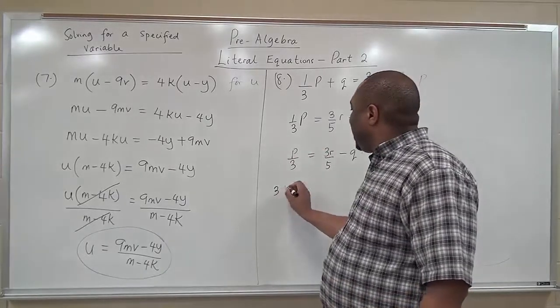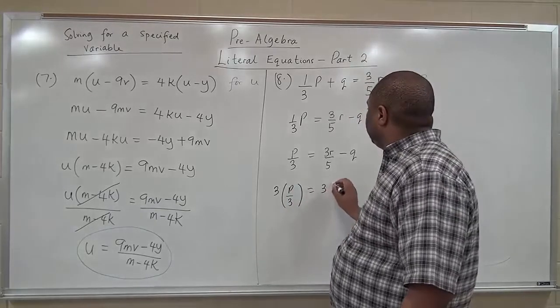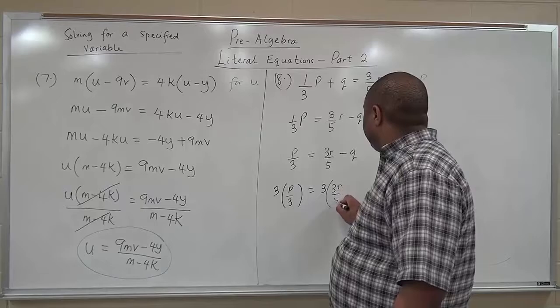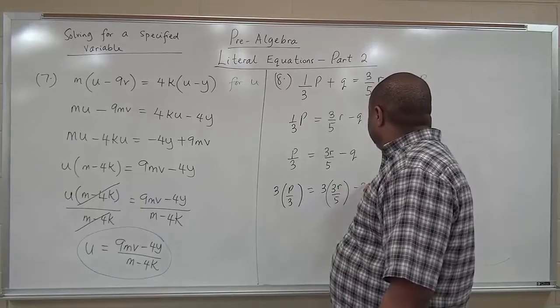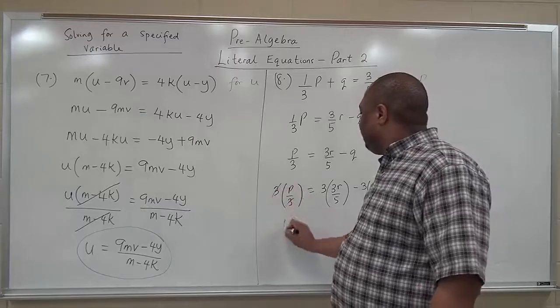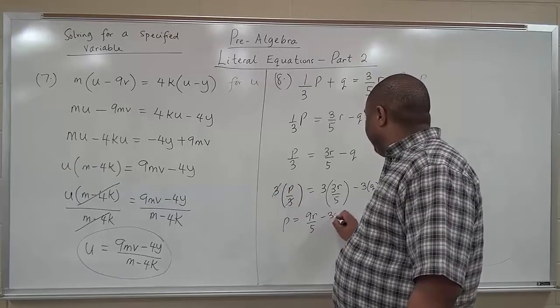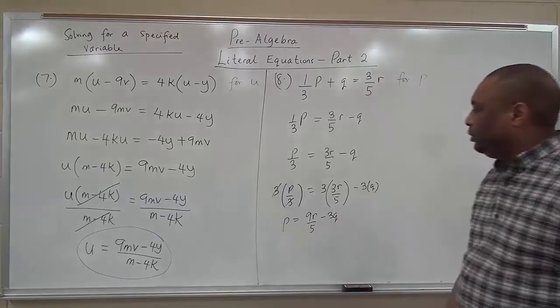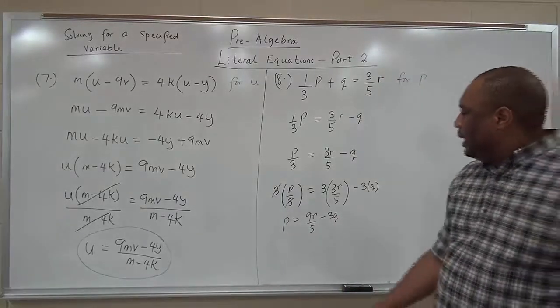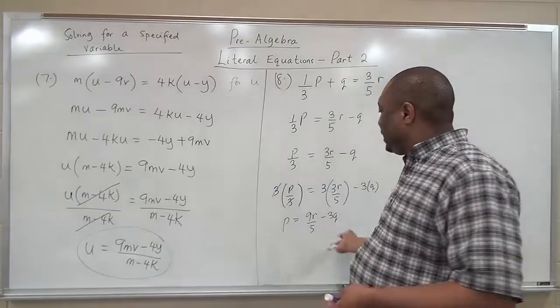So this means 3 times p over 3 equal to 3 times 3r over 5 minus 3 times q. So you have p equal to 9r over 5 minus 3q. Some of you might want to leave your answer like this.